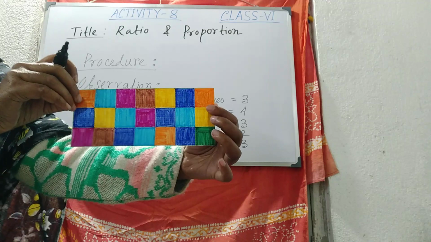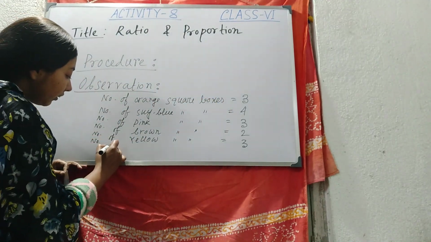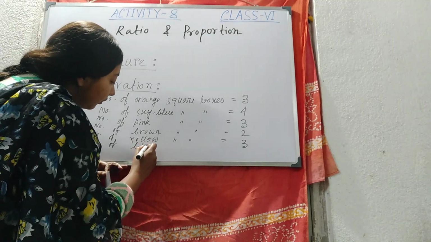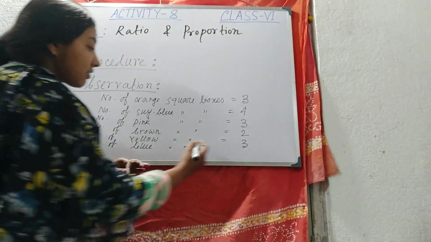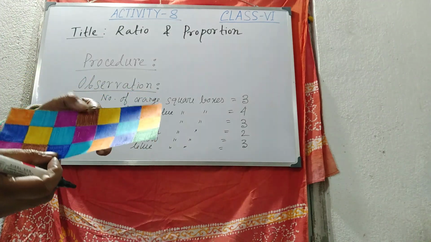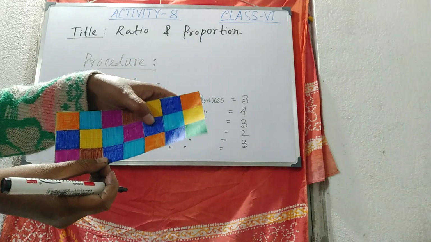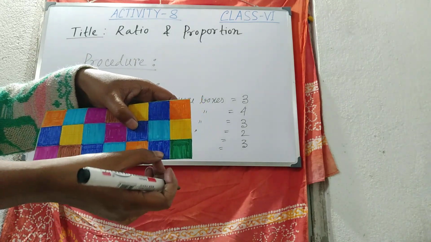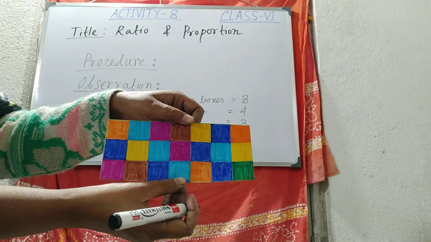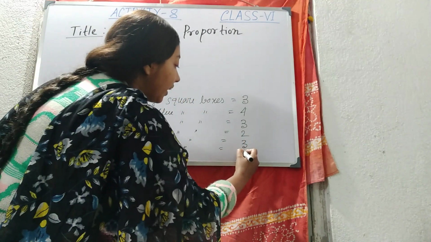Yes, blue. So number of blue square boxes is equal to, let's count how many blue boxes there are: 1, 2, 3, 4 and 5. 5 blue boxes are there, so you have to write 5.